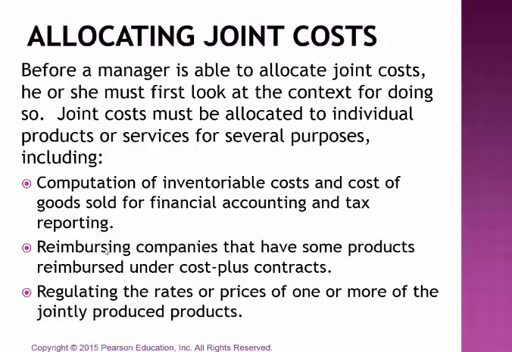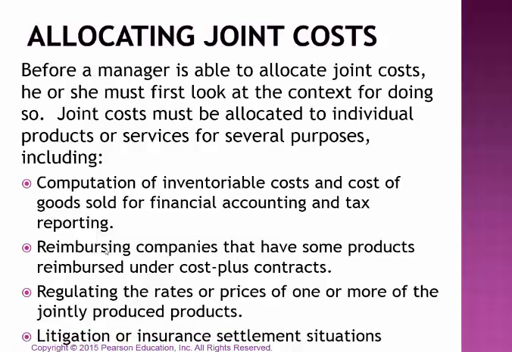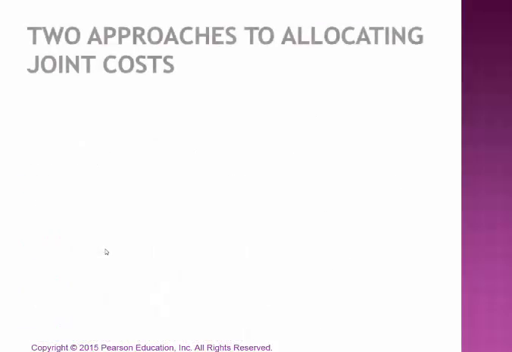Again, they're being regulated based on that information. And then, of course, anytime we've got some type of litigation or insurance issue, we, of course, will have to know what our underlying costs are. So we need cost allocation for those types of issues that arise as well.